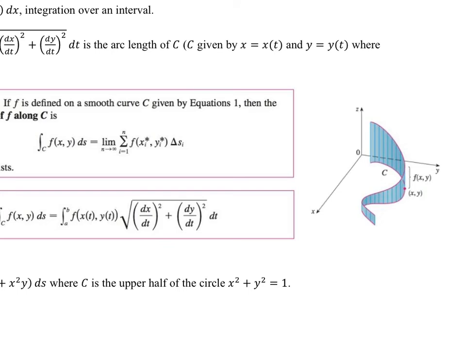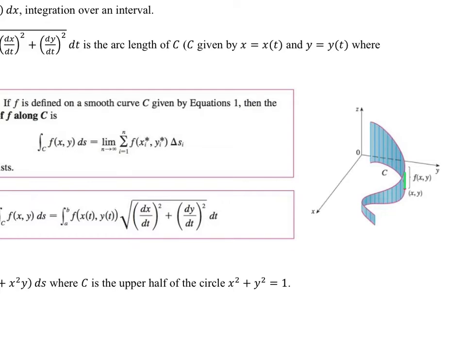So if we think about a Riemann sum as we do with definite integrals, we have a height associated with our space curve, which is going to be labeled here as f of x, y. We're going to write the equation of the space curve in terms of the parameter t.